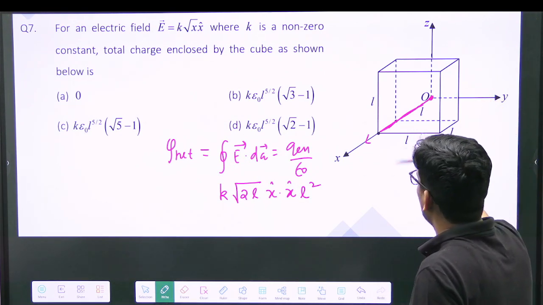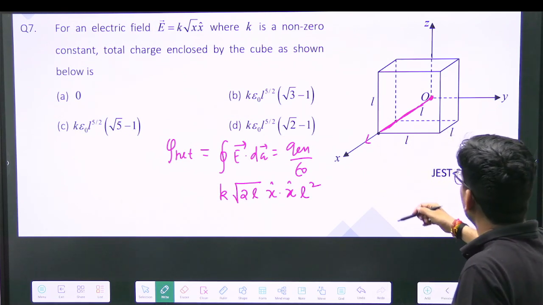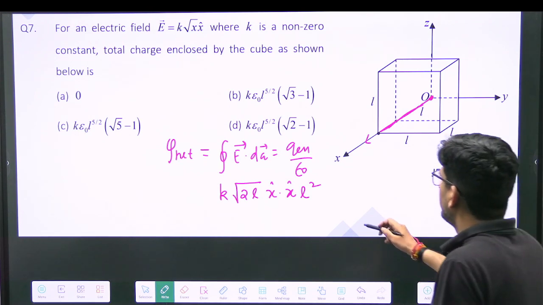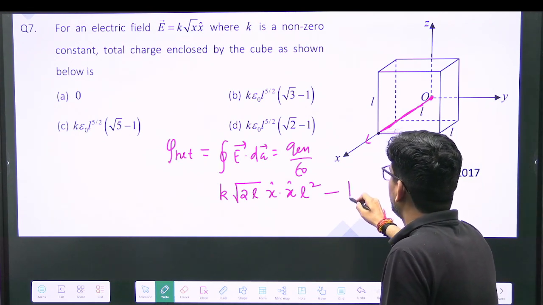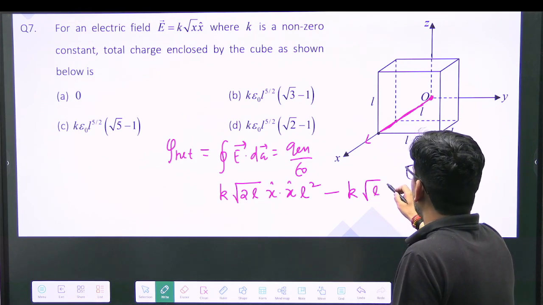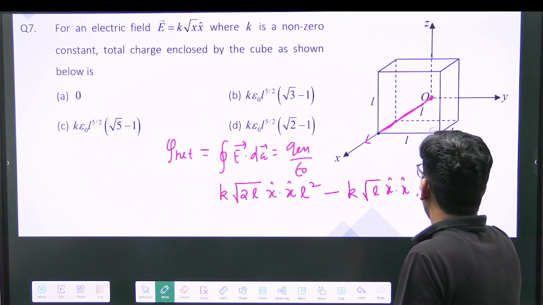The electric field and the area will have different directions. And the back surface is where? It is at x is equal to L. So it will be minus K under root L, x cap dot x cap, and L square.